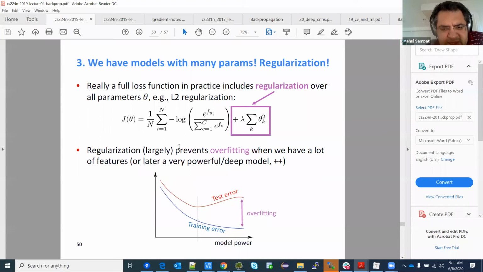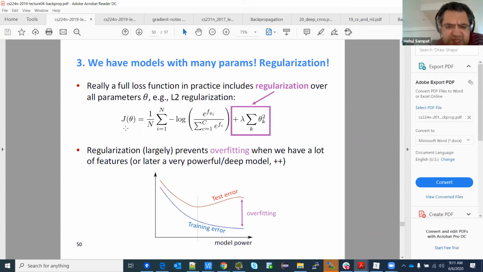So then he shifts to talking a little bit about regularization. Here we have a loss function, J of theta, and regularization is used in many places. You will have an L2 regularization or an L1 regularization.